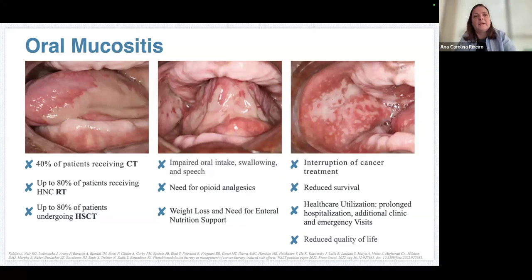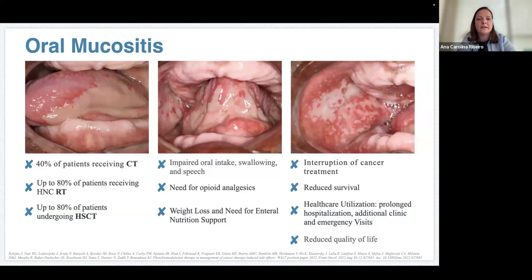Oral mucositis is a common and clinically important toxicity of cancer treatment. Oral mucositis can occur during chemotherapy, head and neck radiotherapy, and hematopoietic stem cell transplantation. It may cause pain, and difficulty eating, swallowing, and speaking.